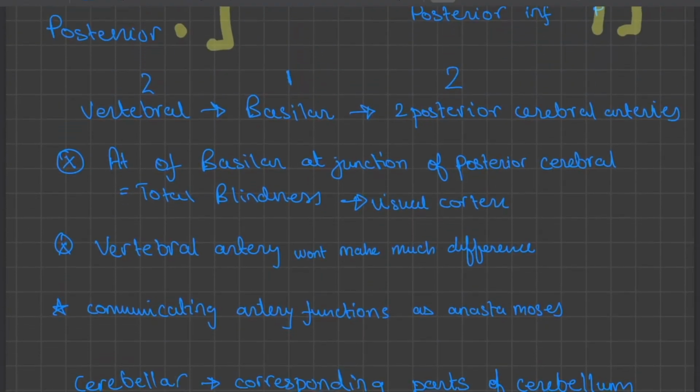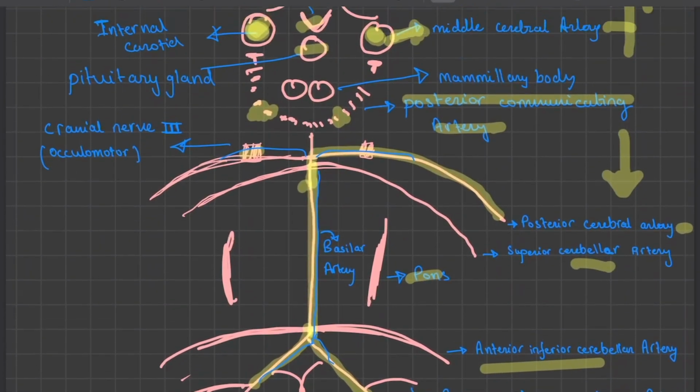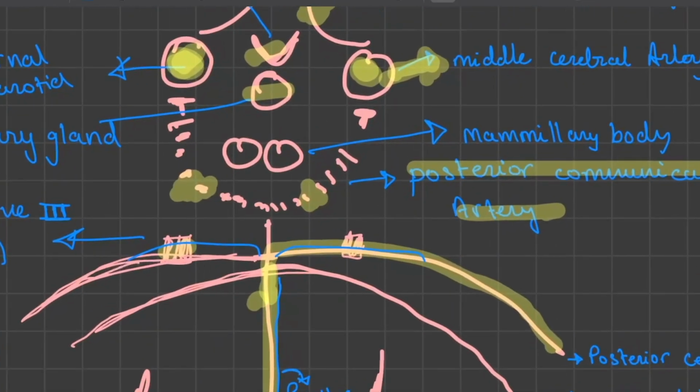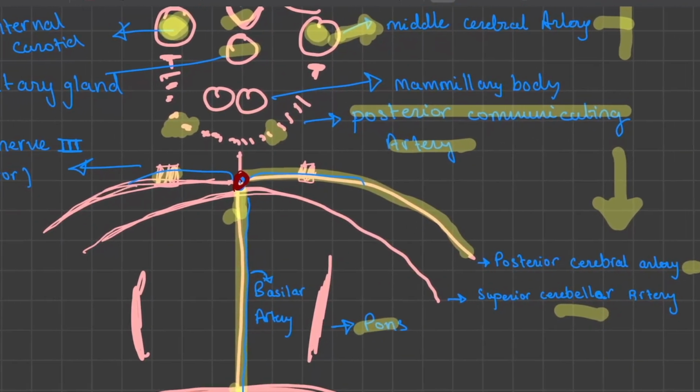Okay, there are certain questions that could come in the exam, and they would have to do with the occlusion of the arteries. One of the questions that could come is: what happens if there is an occlusion right over here, at the end of the basilar artery where it gives rise to both of these posterior cerebral arteries?